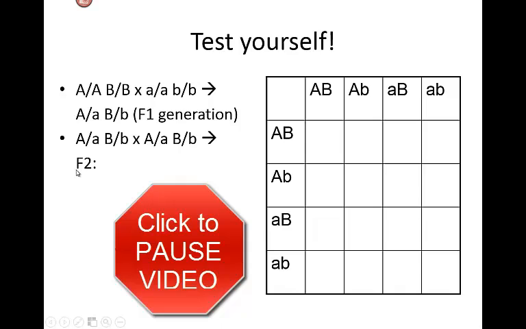So if you look on the left, you can get a capital A and a capital B as one possible choice, a capital A and a lowercase b, another possible combination of gametes, lowercase a, capital B, another possible combination, lowercase a, lowercase b, again another possible combination of gametes. The other parent has the same exact combination of gametes. Okay, so now go ahead and fill in the Punnett square.